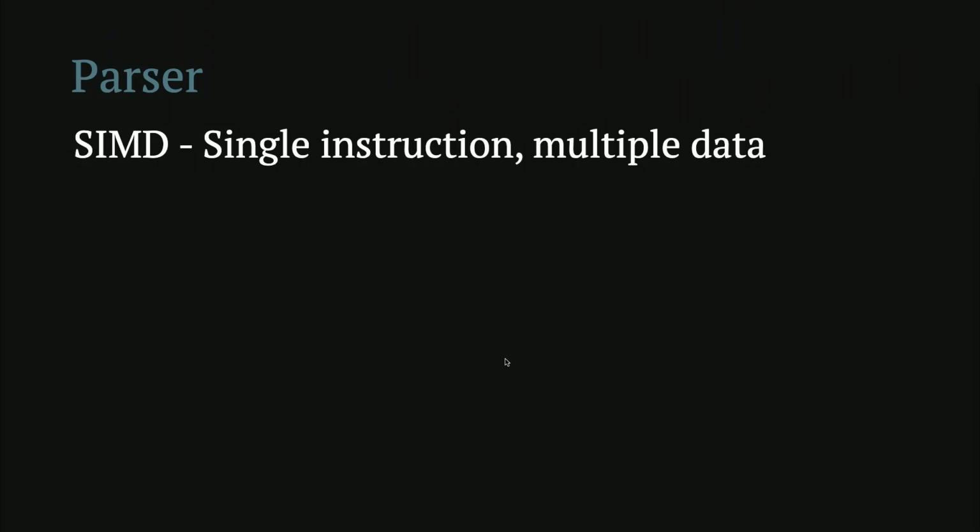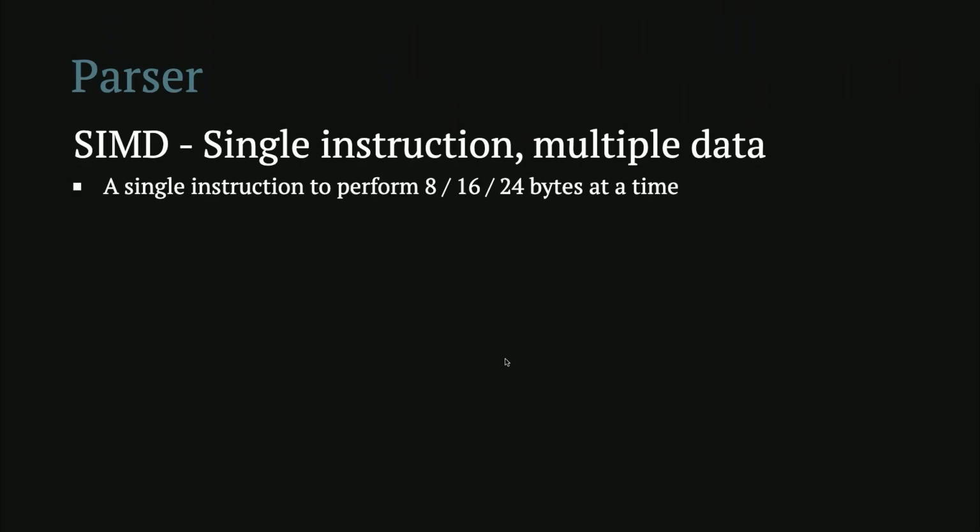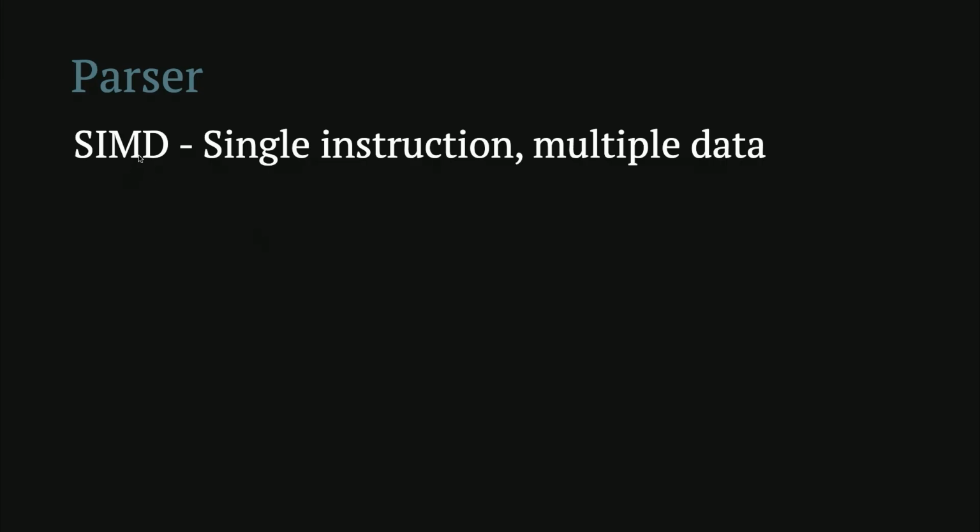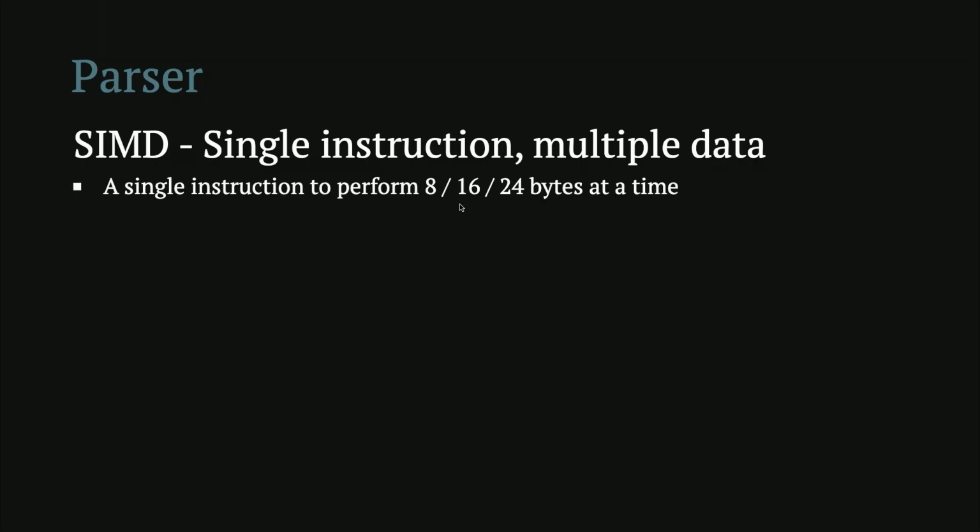And in the parser, there are more advanced features we use from the CPU. For example, there's a CPU feature called SIMD, single instruction, multiple data. Instead of processing data 1 byte at a time, you can process 8, 16, or 24 bytes at a time. For JavaScript, it's only available in WebAssembly.